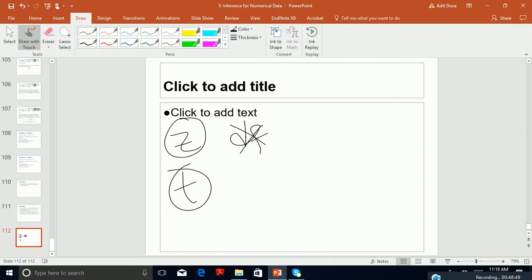In a T distribution, you get only 1 degree of freedom, right? And I said if the degree of freedom increases, then what happens to the T distribution? How does it behave? It behaves more like normal.